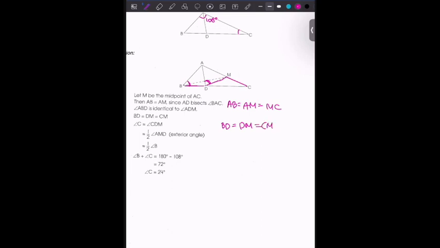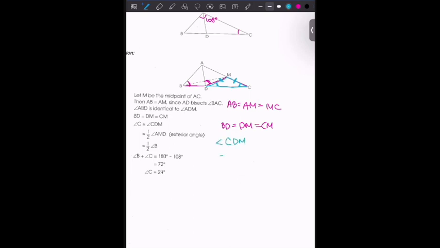And now to find angle C, we're going to look for angle CDM, because this triangle is an isosceles triangle. So these two angles are identical, and these two sides are going to be identical. So to find angle C, we can find angle CDM, and these two angles are going to be identical.